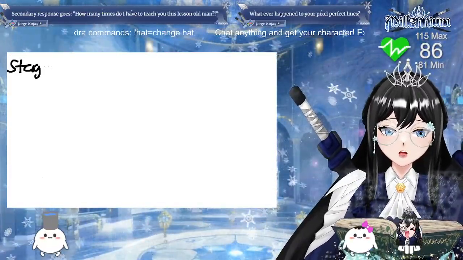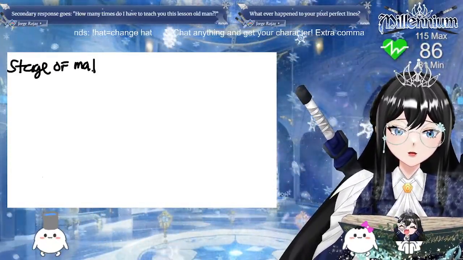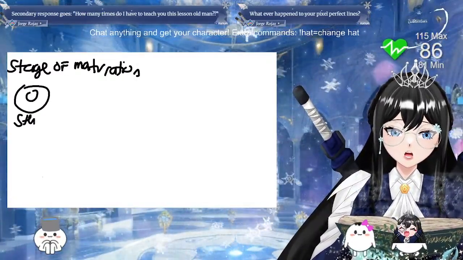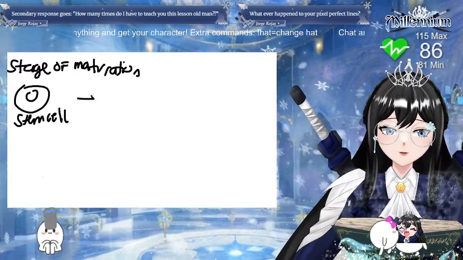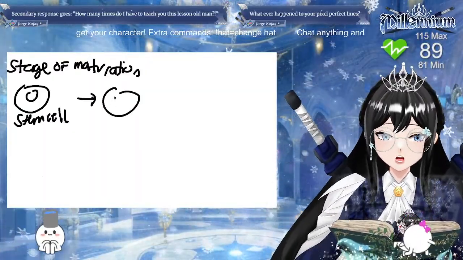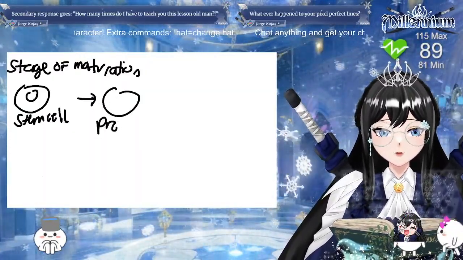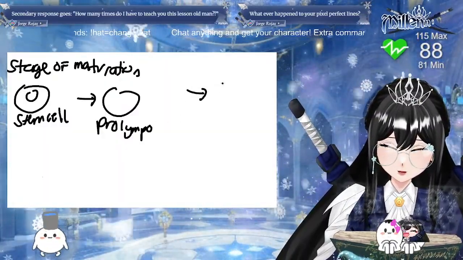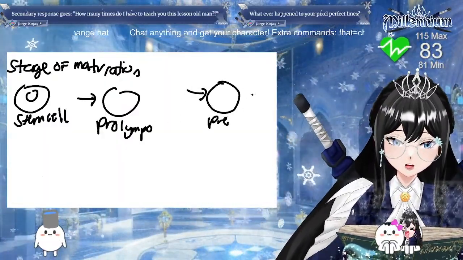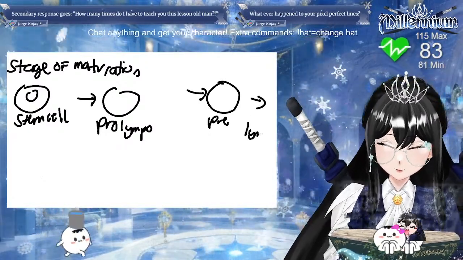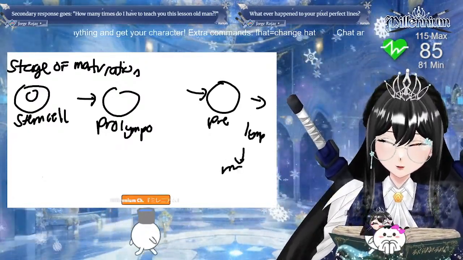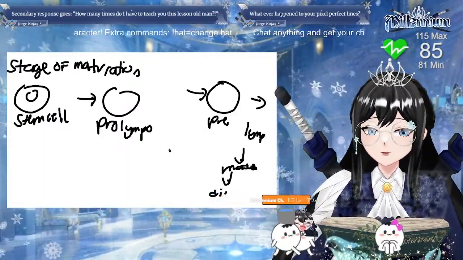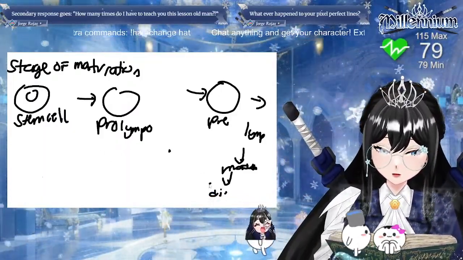These are the stages of maturation. You start from the stem cell, and then you become the pro-lymphocyte. Oh, they look alike. I won't even draw it anymore. Pro-lymphocyte, and then pre-lymphocyte, and then immature lymphocyte, and then mature lymphocyte, and then differentiated. Essentially, stem cell to lymphocyte to differentiated effector lymphocyte.